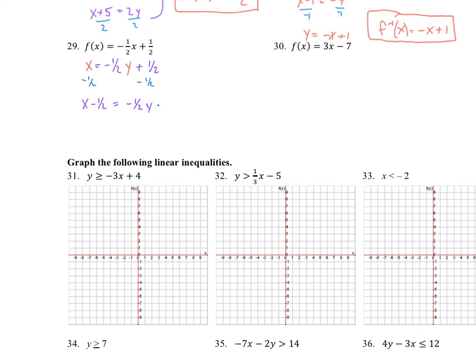So the reciprocal of negative 1/2 is negative 2 over 1, or really just negative 2. So multiply this side by negative 2, and multiply this side by negative 2, but make sure we distribute over there. So on this side they cancel, so we're just left with y. And on this side we get negative 2x. Negative 2 times negative 1/2 is positive 1. Put the notation on: f inverse of x equals negative 2x plus 1.